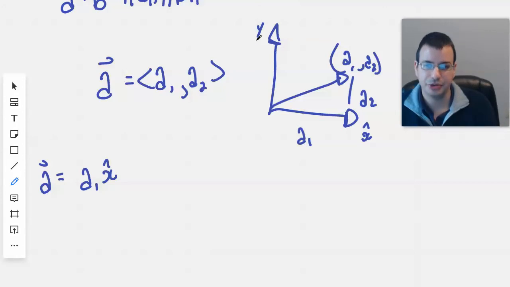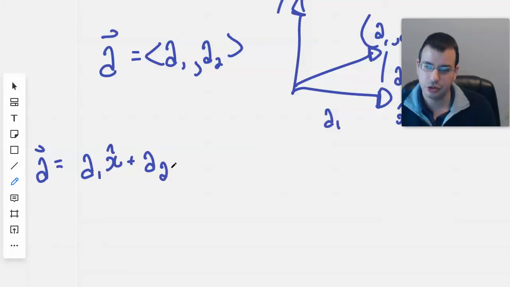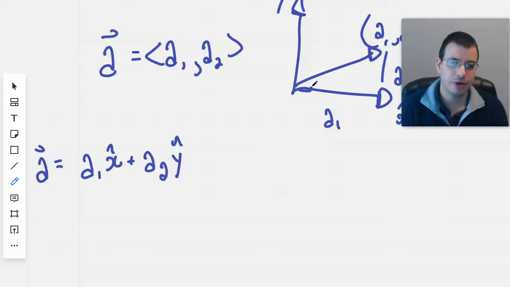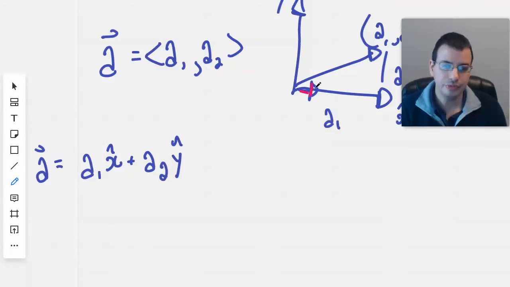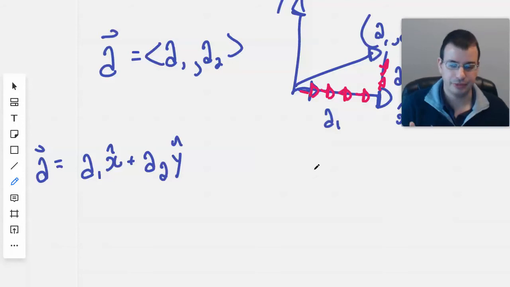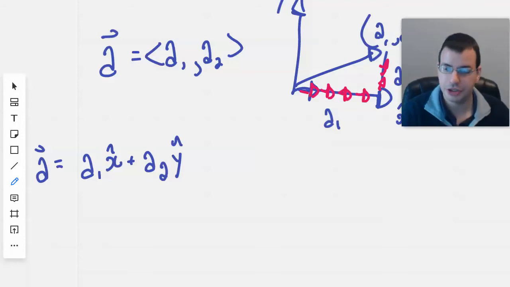Hat is not an actual technical term. The idea here is we can break this up into a whole bunch of small unit vectors and then just add them all together. The unit vectors will be length 1, so there'll be a number of unit vectors in proportion to A1 and A2.